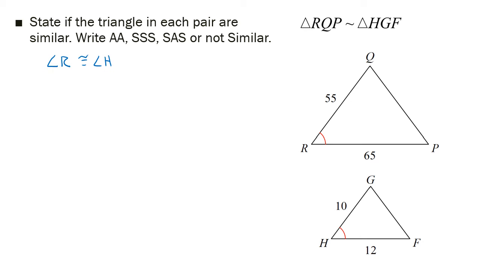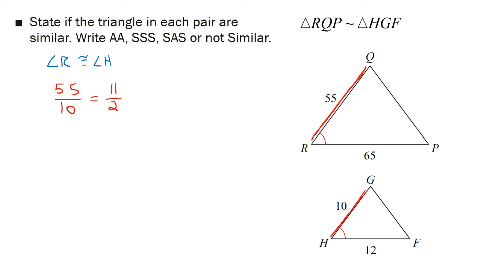We got to make sure we create similarity ratios. So we can see by looking at the picture that RQ corresponds to HG. So we're going to create a ratio there. So 55 over 10. If we reduce that by 5, we're going to get 11 over 2.